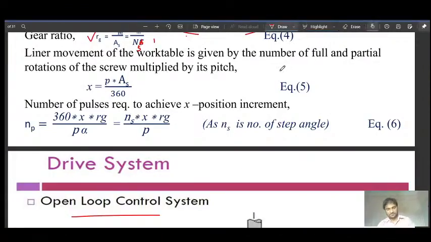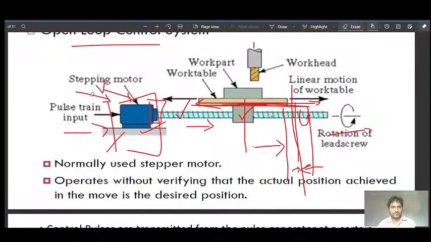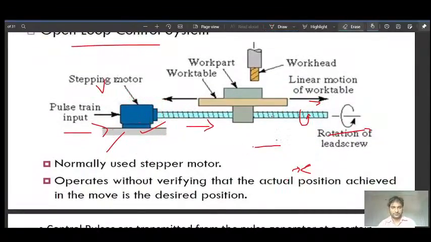So see what we have here. AS is the lead screw angle.